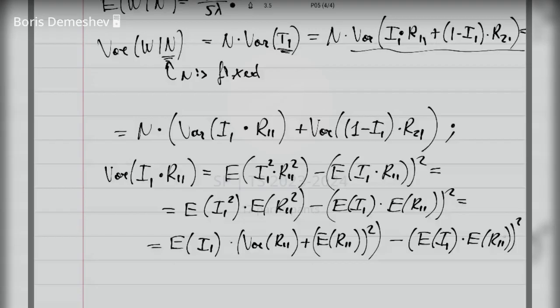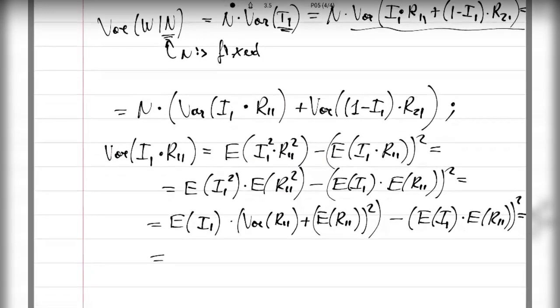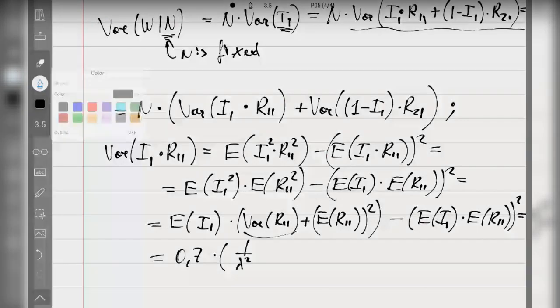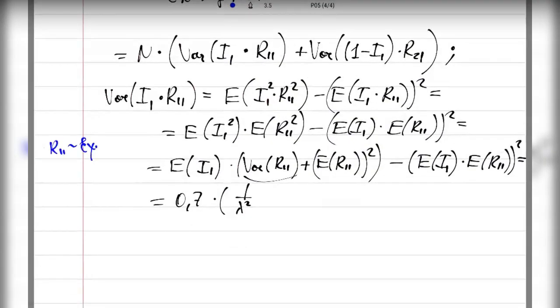So we can finish. It's 0.7 times, what is the variance? That's 1 over lambda squared, because we recall that R11 is exponentially distributed with rate lambda. Hence, the expected value of R11 is 1 over lambda, and the variance of R11 is 1 over lambda squared.